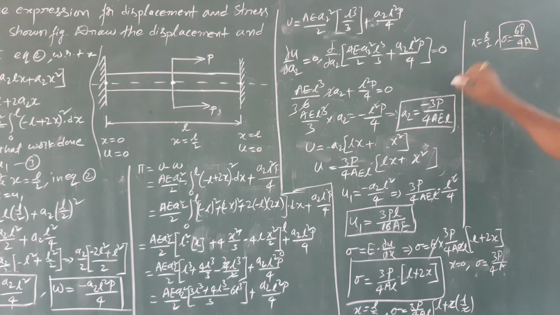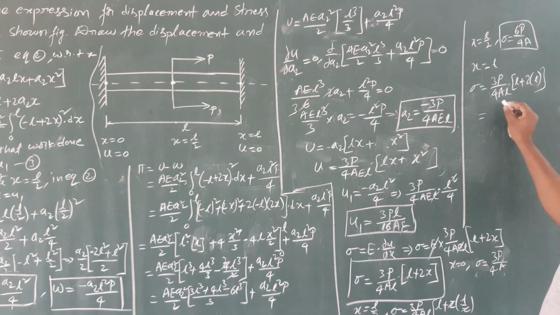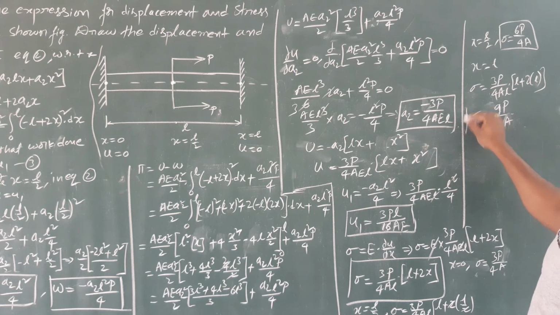If x is equal to L, what happened? Substitute here. Sigma is equal to 3P by 4AL into L plus 2 into L, that is totally 3L, that is 9P by 4A, sigma. Okay, this is the relation.